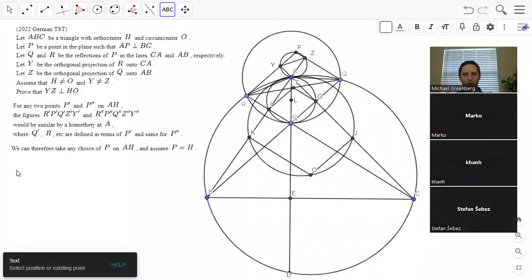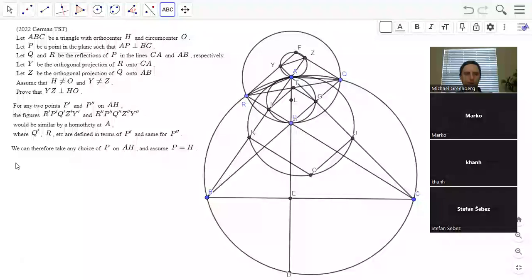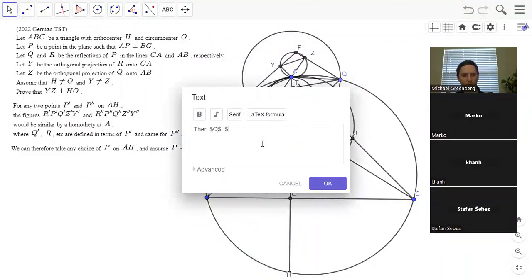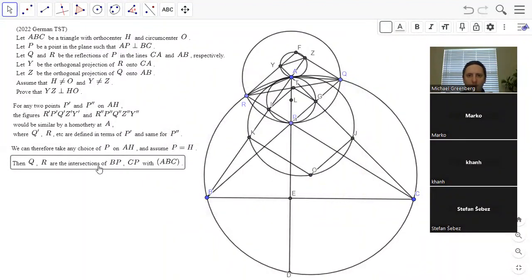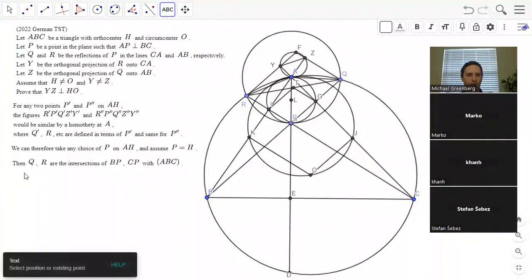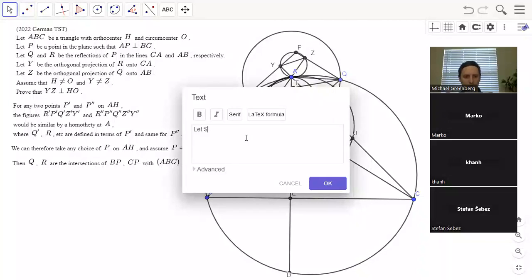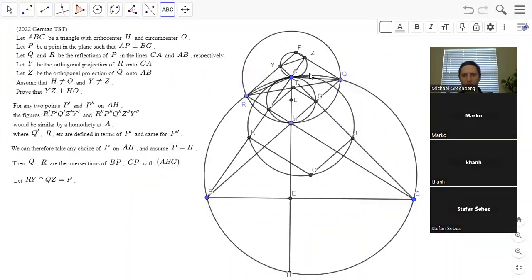Then Q and R are the intersections of BH and CH with the circle. Let's just say BP, CP, with ABC. All right. Now, let RY intersect QZ at F. We don't really need that this is cyclic.